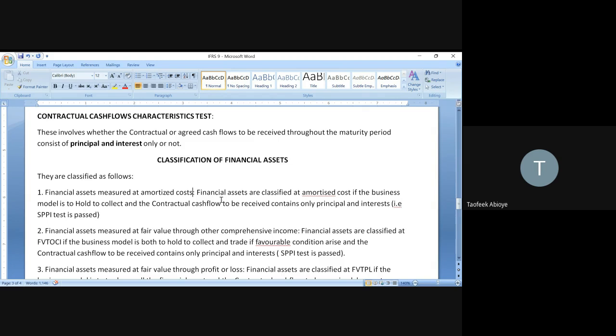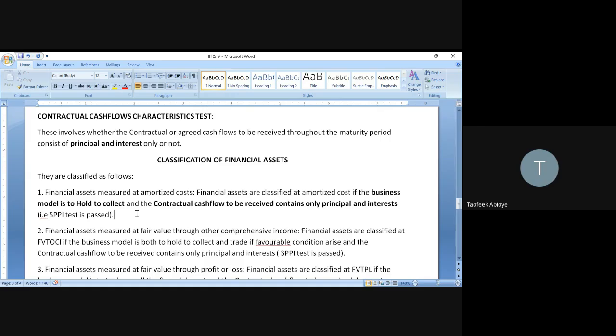We measure it at amortized cost when the business model is to hold to collect and the contractual cash flow characteristics contain only principal and interest. That means the SPPI test is passed. So when the SPPI test is passed and our business model is to hold to collect, we will classify at amortized cost.